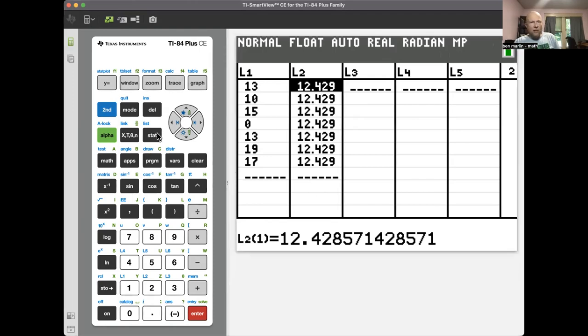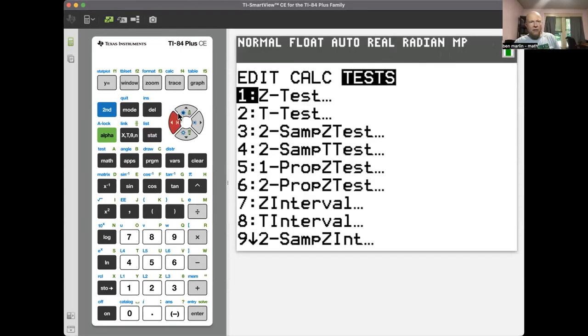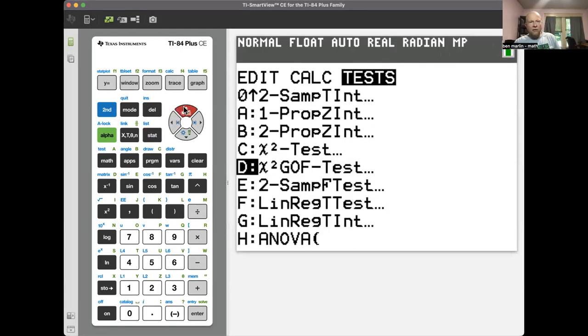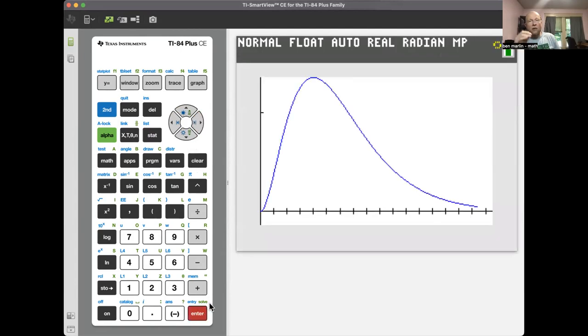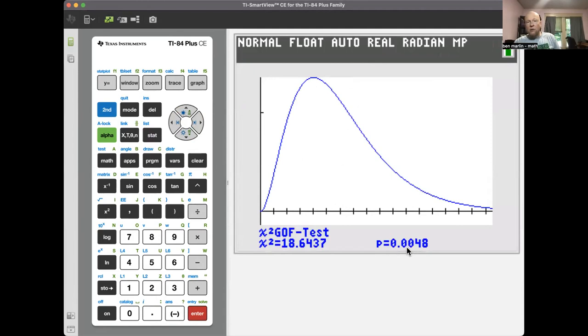And so that test that we ran with the calculator there was just testing to see whether the data looked the same. And in this case, we got a p-value of 0.0048. That's very small.